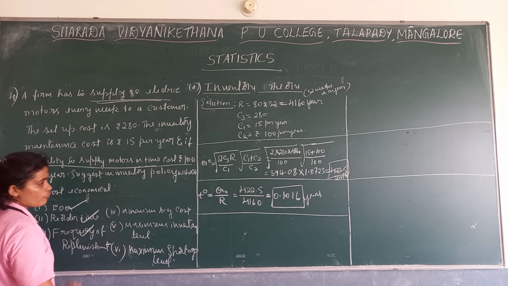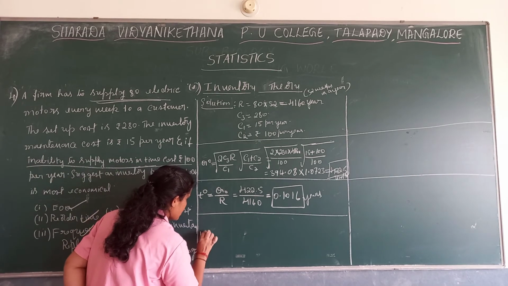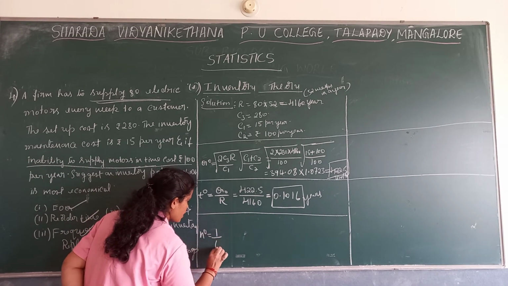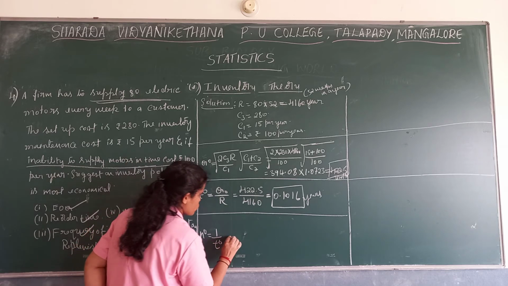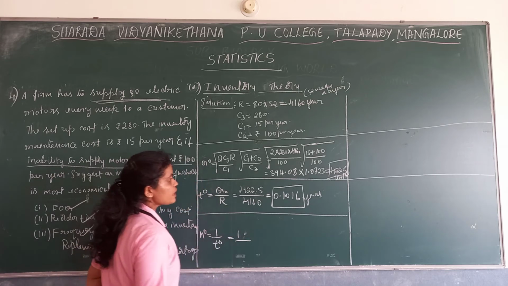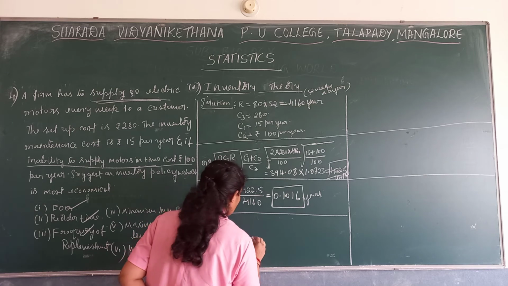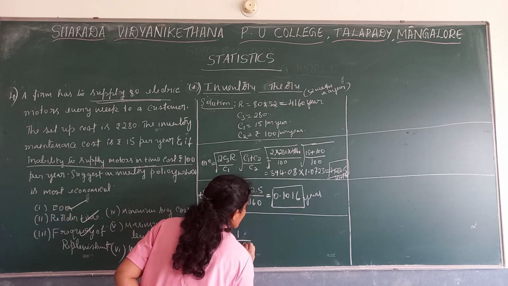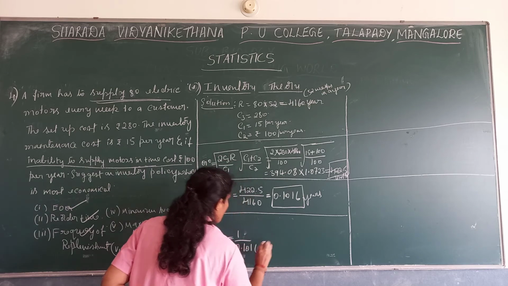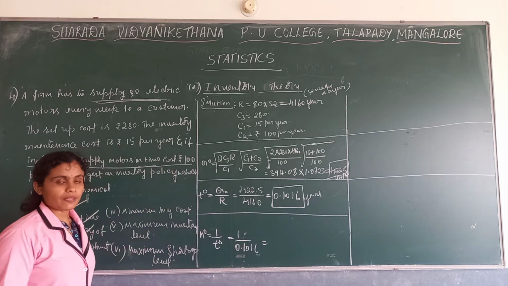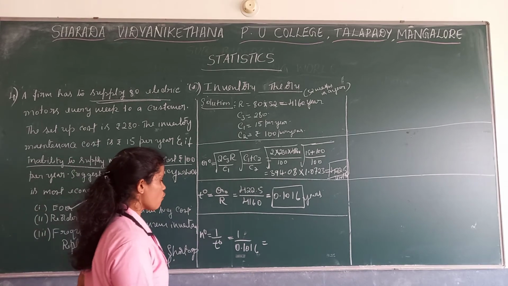Then frequency of replenishment. N0 is equal to 1 by T0. So 1 by T0, what have we got? Here we got 0.1016. Now 1 by 0.1016.